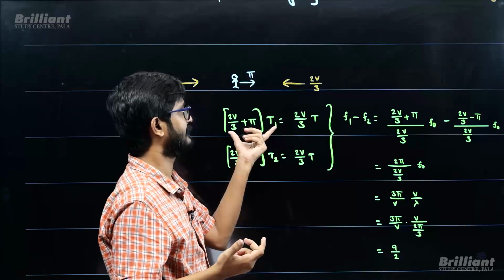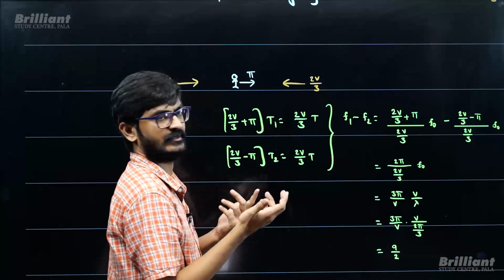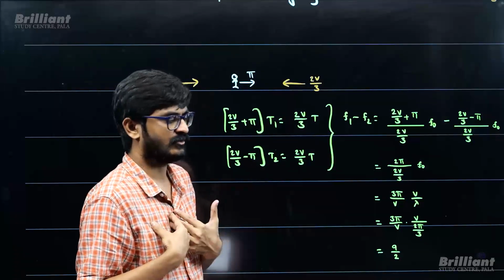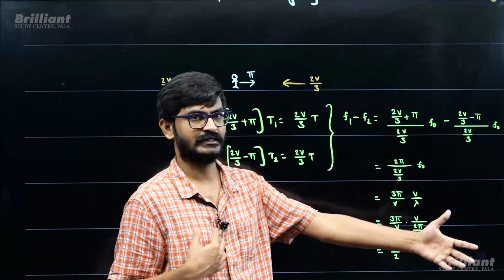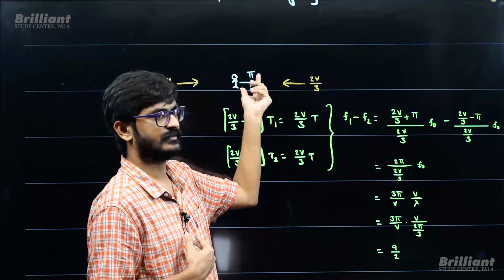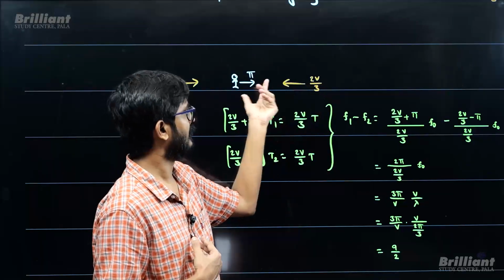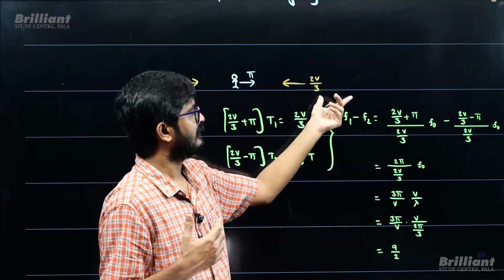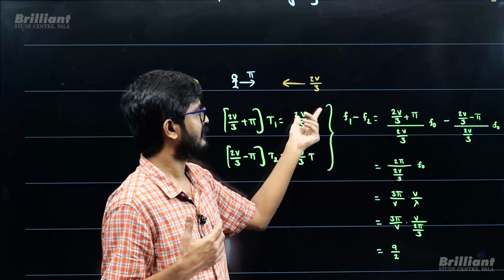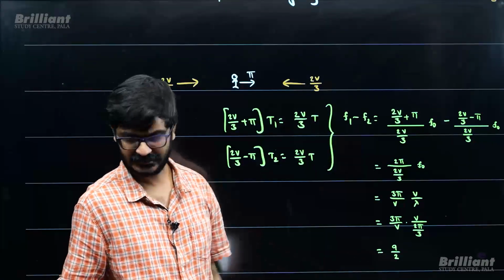This is the distance traveled by the ball, for which I'll be collecting it. I am collecting the first ball and I want to collect the second ball. That ball's speed with respect to me is 2v by 3 plus u, into the time taken t1. That is the distance between the balls, which is the wavelength component along the x-axis. So that's fine, anyway, you can see the final equation, right?